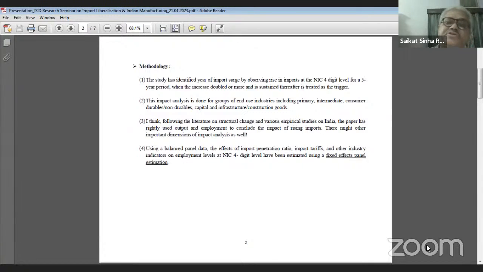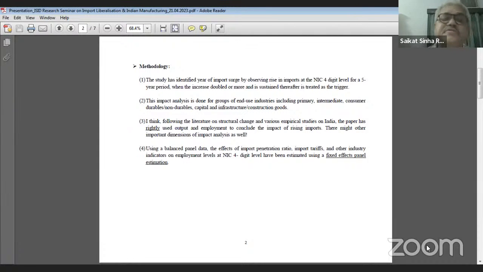I think following the literature on structural change and various empirical studies on India, Rama has rightly used output and employment as the variables to observe to conclude on the impact of rising imports. There might be other important dimensions of the impact analysis as well, but that is not the concern of this paper. As regards the econometric approach, the study uses a balanced panel data, the effects of import penetration ratio, import tariffs, and other industry indicators on employment level at NIC 4-digit level using a fixed effects panel estimation.